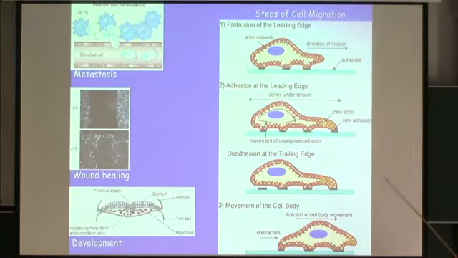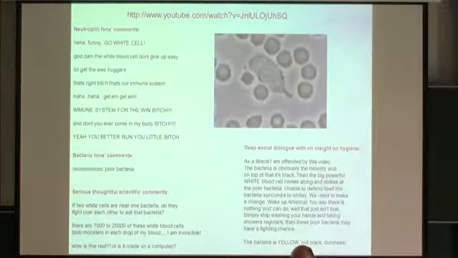And then there has to be contraction at the cell body, which pulls the cell body forward after the cell makes an extension. And as people told you yesterday, there are many instances where cell motility is absolutely essential in cell biology and physiology, so I'm not going over it too much.